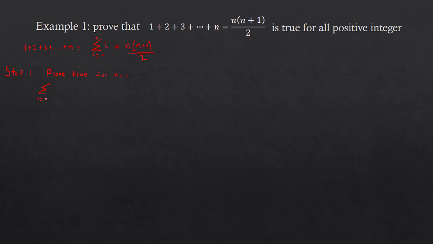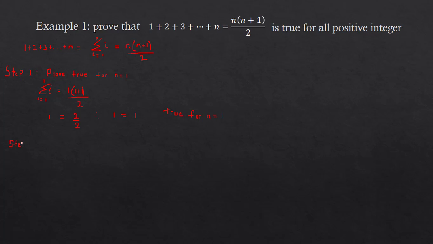So that leaves us with our summation of i equals 1 up to 1 is equal to 1 times 1 plus 1 over 2, and that is just 1 is equal to 2 over 2, which is equivalent to 1 is equal to 1. Therefore, it is true for n equal 1.